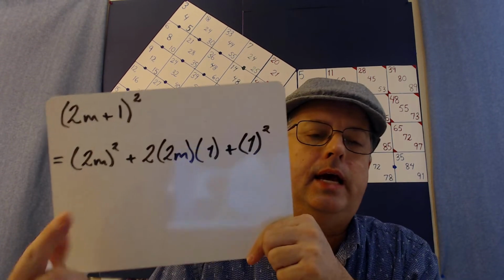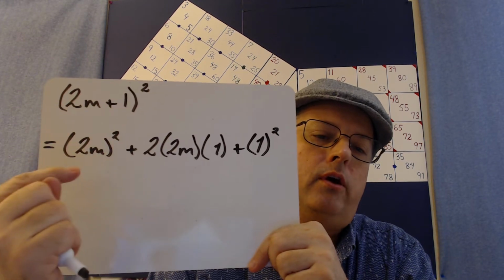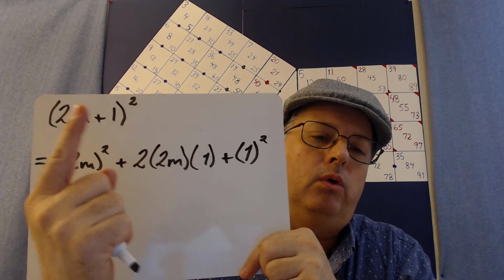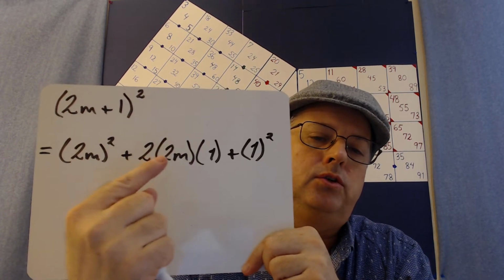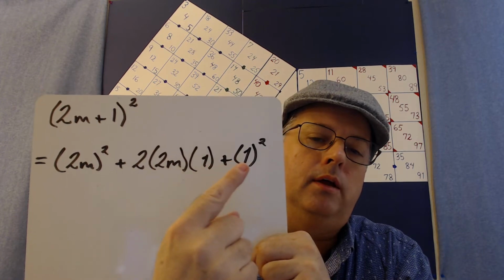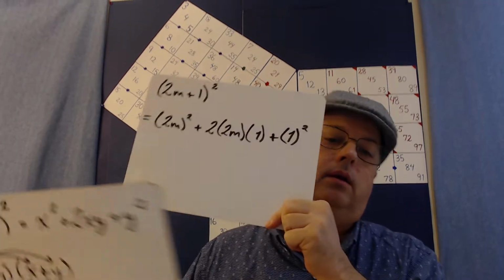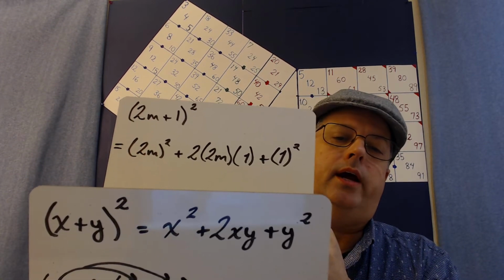You can now see the structure: 2m was our x, the y is 1, and that's going to give us x squared plus 2xy plus y squared, just like we said here. So you can see how it matches up.